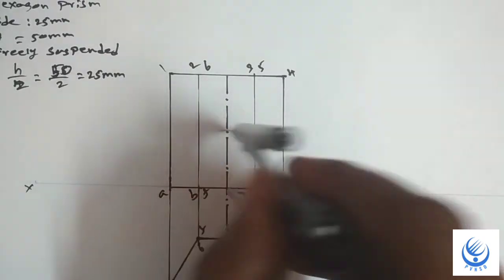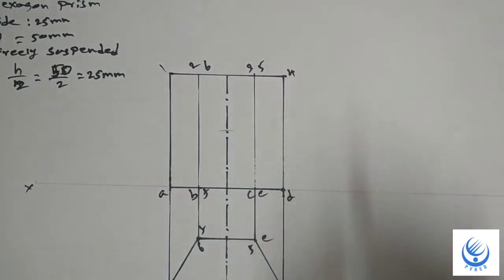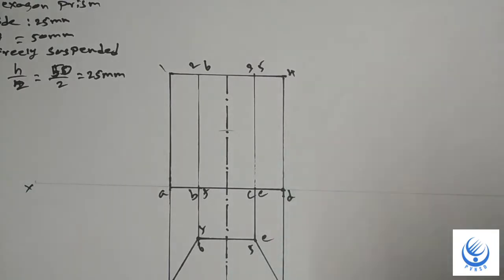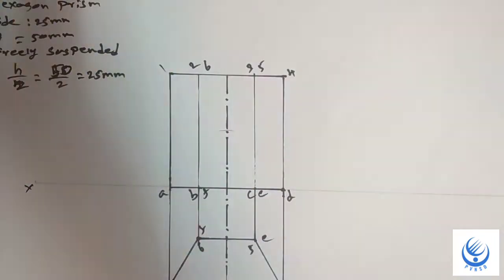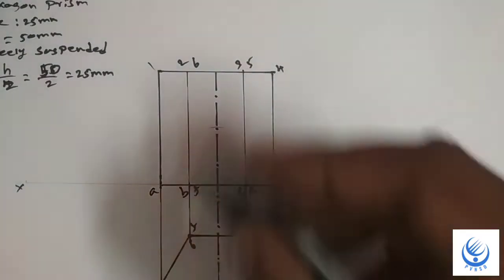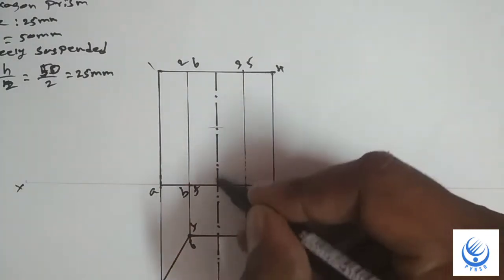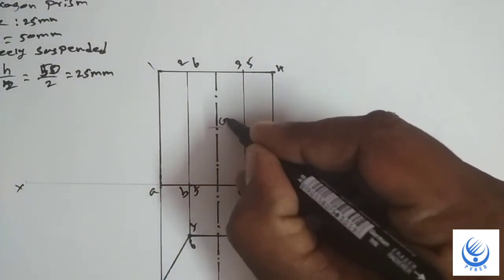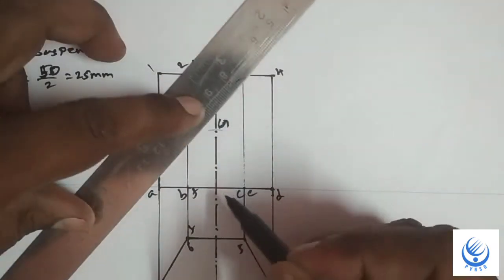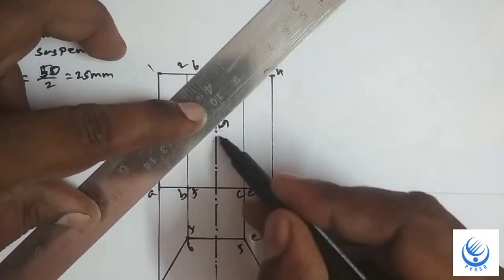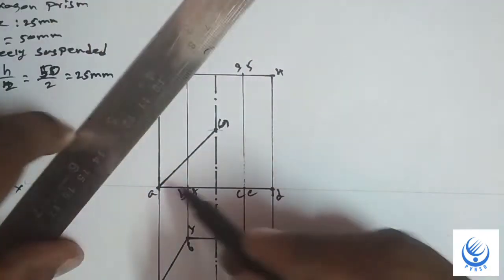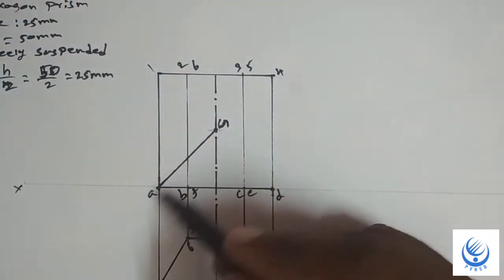Mark this distance as letter G. Then join G to A, any one corner side, A or D. G to A is the freely suspended line.